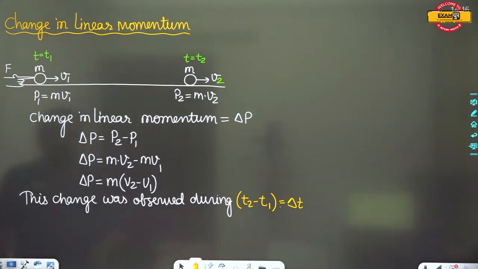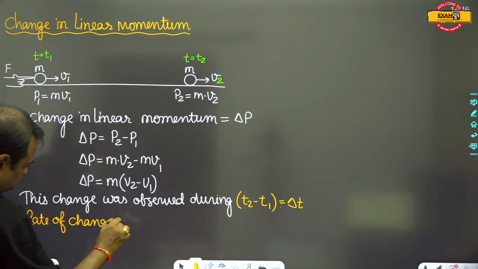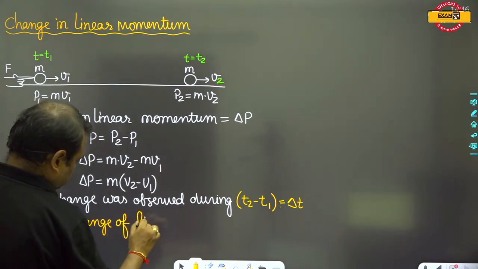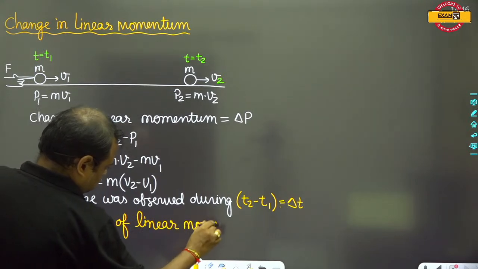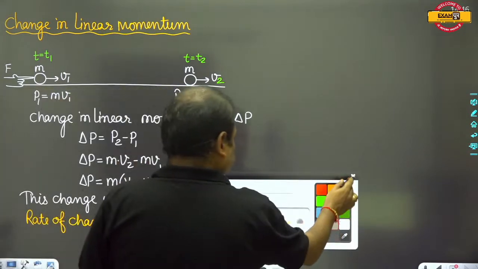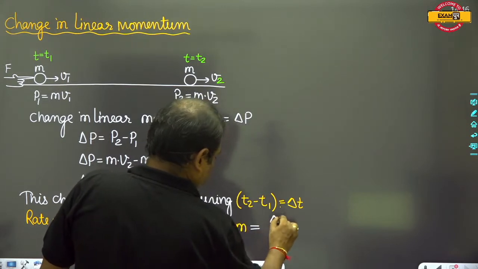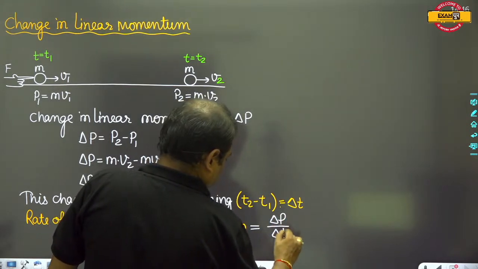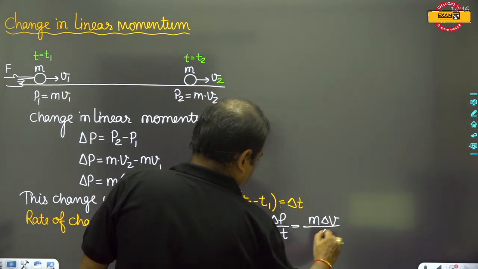Now the rate of change of linear momentum will be written as delta p upon delta t, and this will be equal to m into delta v upon delta t.